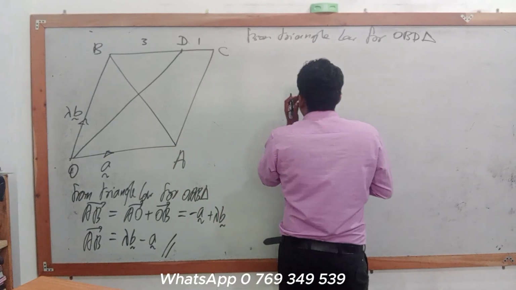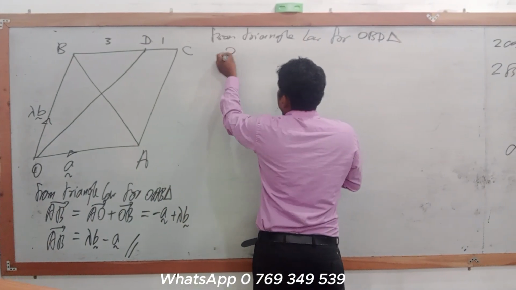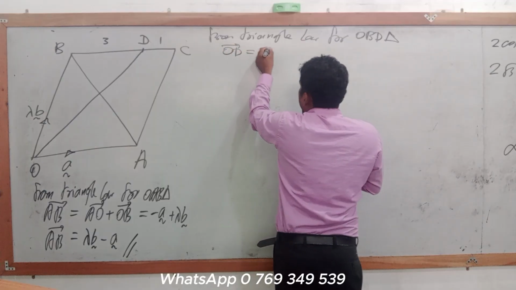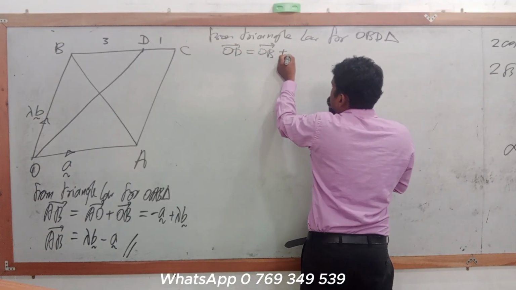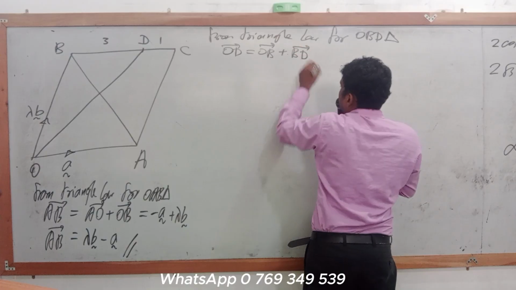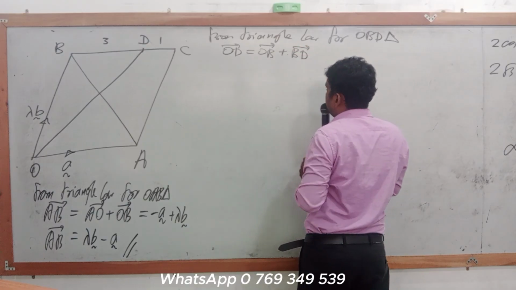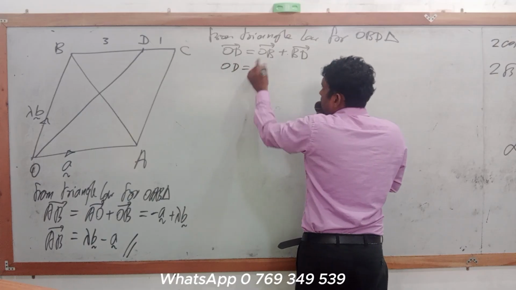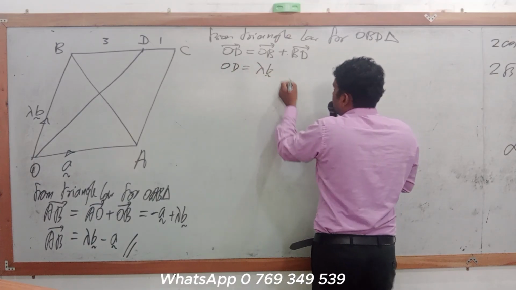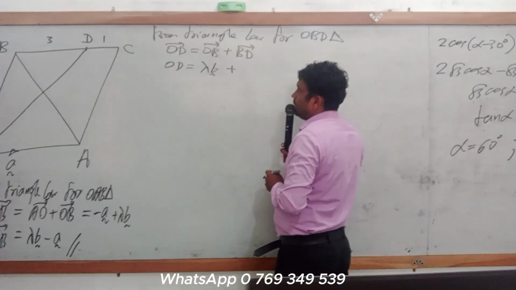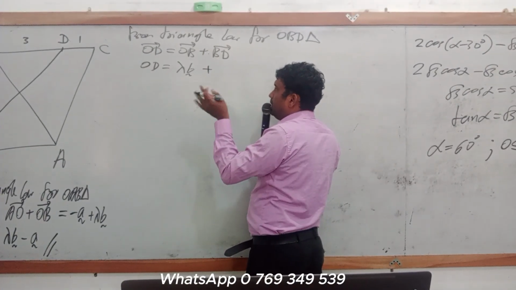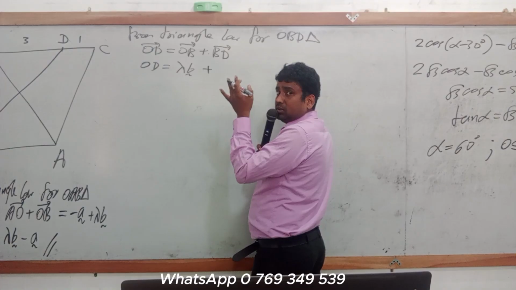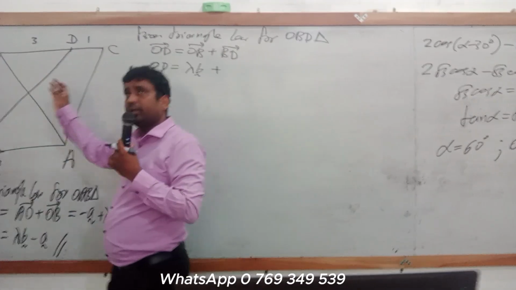Right. OD equals OB plus BD. OB is lambda b. And BD, 3 to 1. BD to DC is 3 to 1. Right, here.